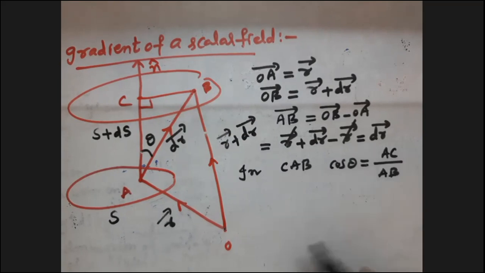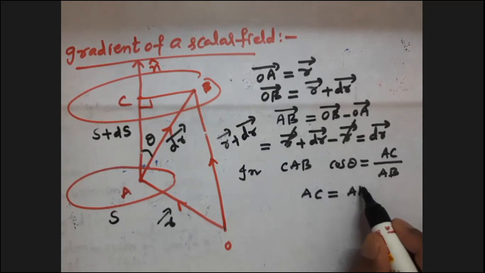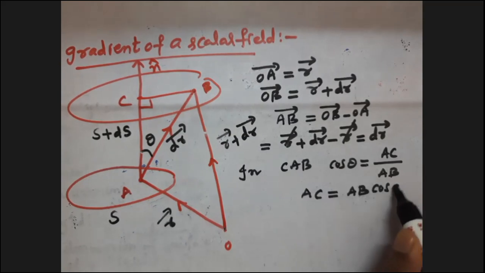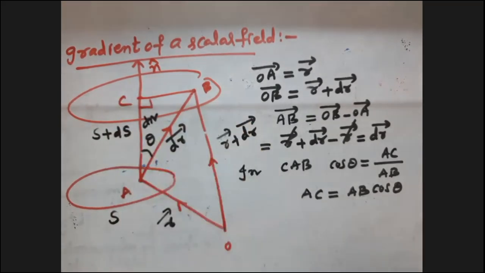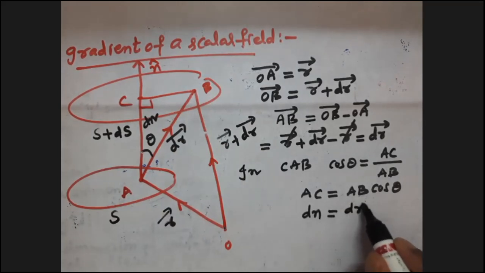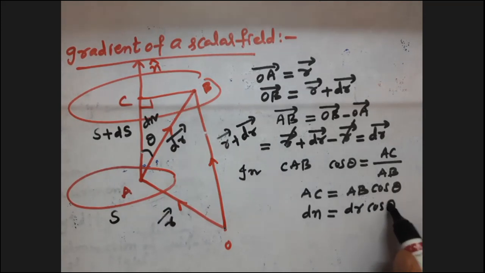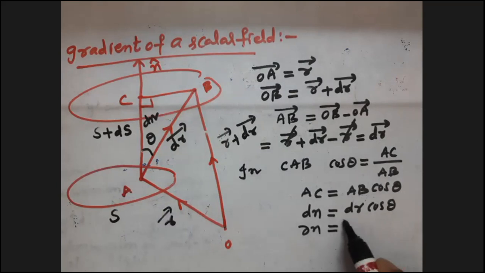From that, AC is equal to AB cos theta. This AC I am writing as dn. So dn is equal to AB, already we got dr, cos theta. Dn equals dr cos theta. This is equation 1.